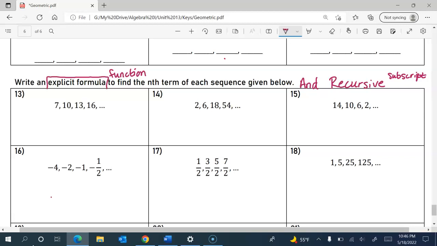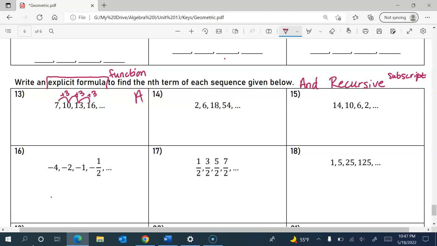So let's start with the explicit formula. Okay, so in 13, we need to figure out, first of all, is it arithmetic or is it geometric? If you look at 13, you can tell we're adding 3 each time. So that makes it linear. This is an arithmetic sequence. I need to write the explicit formula.